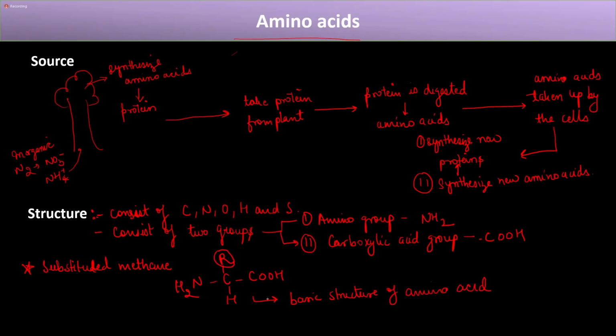In this amino acid, you can see that the NH2 and COOH group is present, one hydrogen is present, and there is one R group. This R group varies from one amino acid to another. So on the basis of this R group, there are different amino acids.